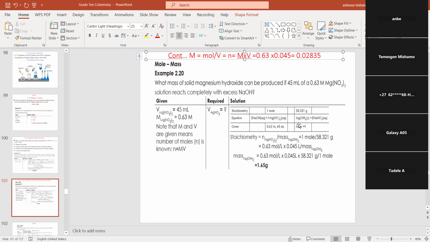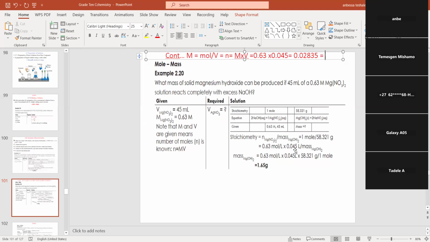So x over 1, this is from the balanced chemical equation. So 0.02835 over 1 is equal to x over 1. x is equal to 0.02835 mole of magnesium hydroxide.